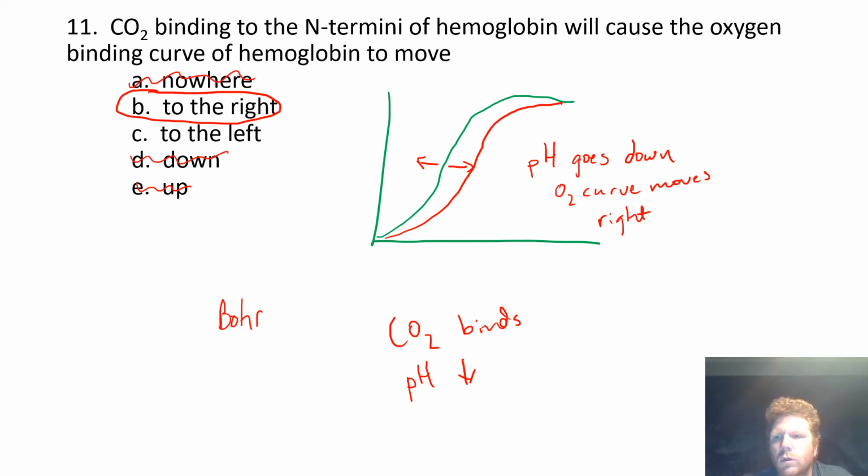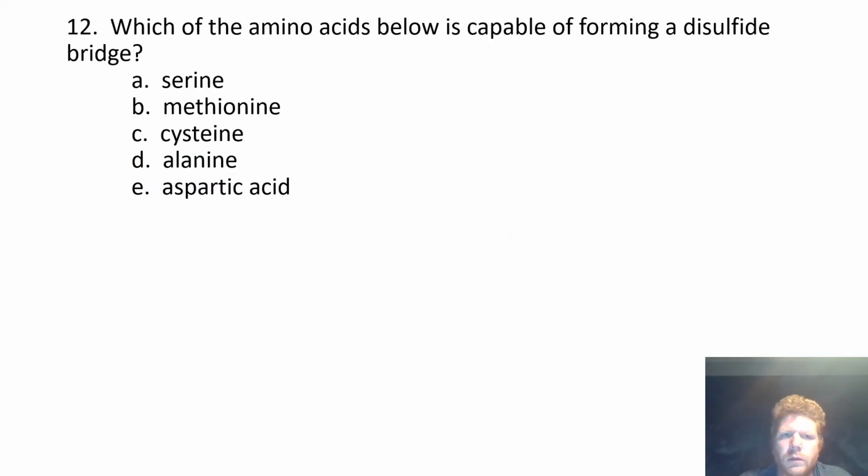Now, question number 12. Our second to last question for this video is, which of the amino acids is capable of forming a disulfide bond? This is something you just have to know: which amino acids have sulfur in them. Serine has a hydroxide group, methionine has sulfur, cysteine has sulfur, alanine, no dice, aspartic acid, that's our carboxylic acid.